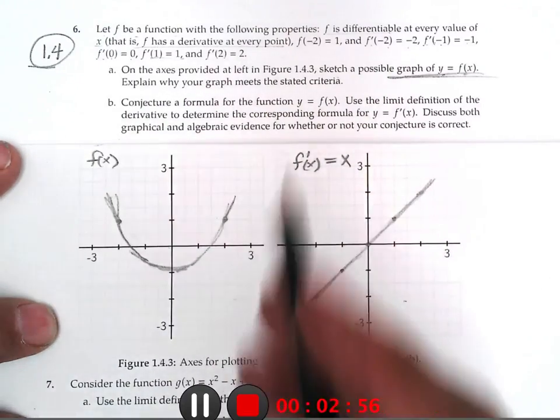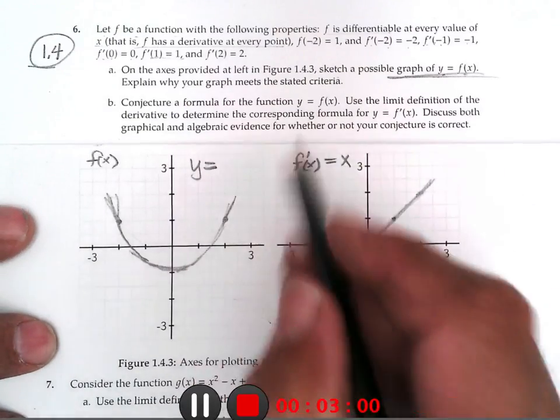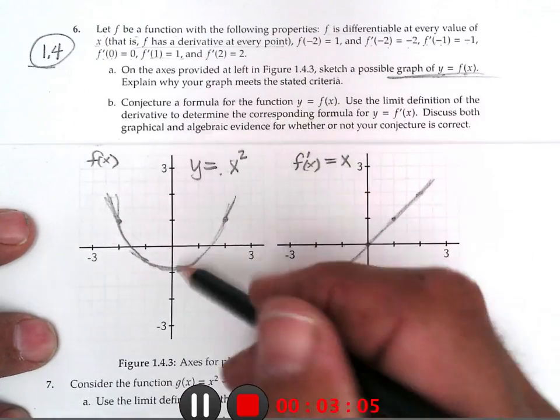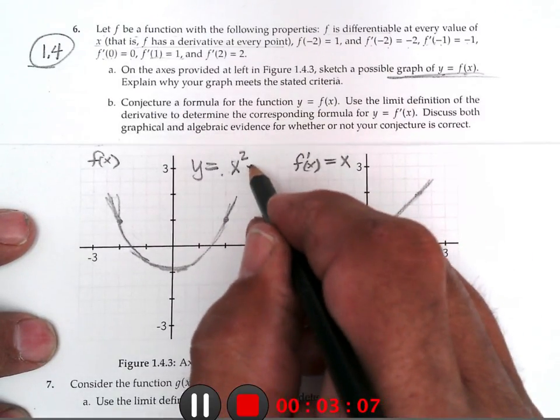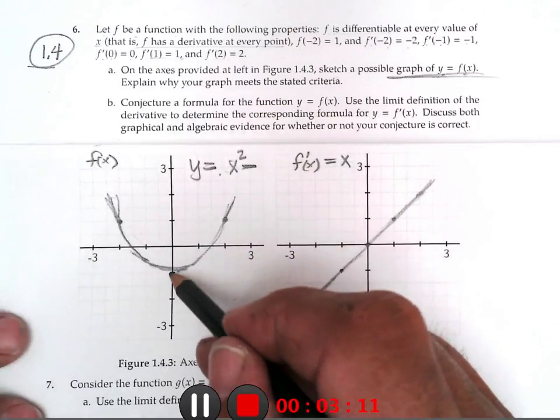So I'm saying it's y equals maybe x squared or something times x squared, and down some. Now, I'm not sure how much down. Let's see.